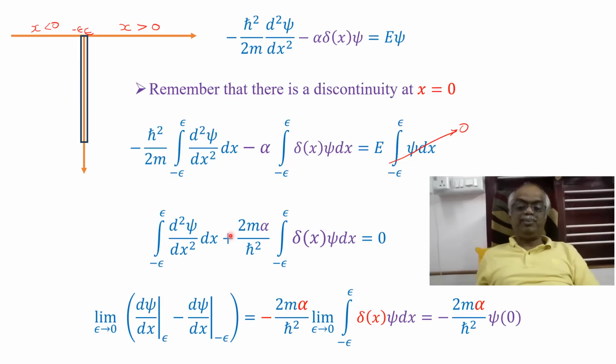So this will become plus 2m alpha over h cross squared, because already there is alpha, and as usual this integral. So now you bring this second part to the right hand side. Right hand side already 0, so this will become minus.